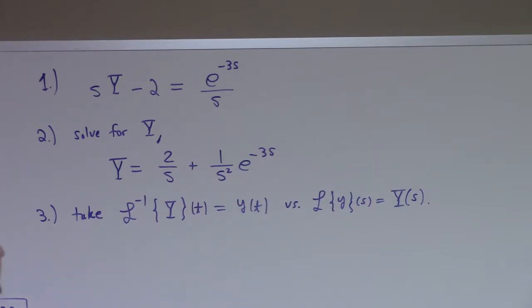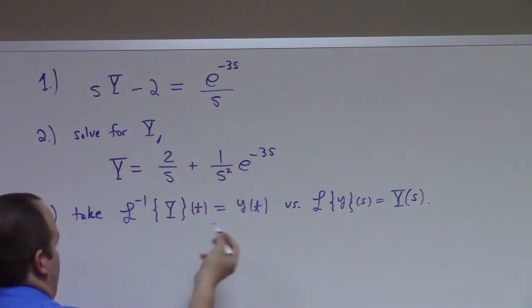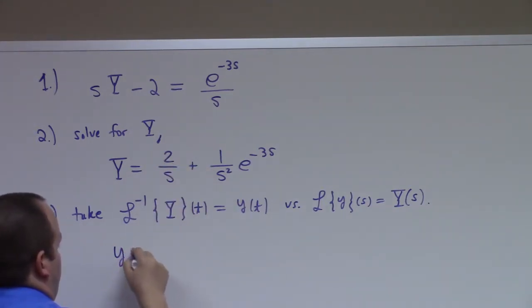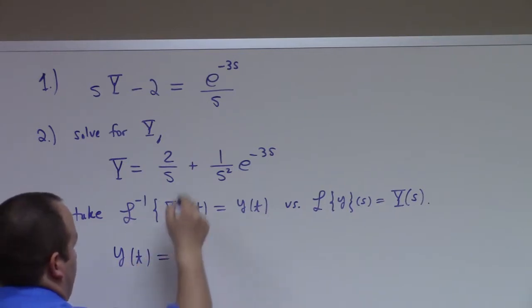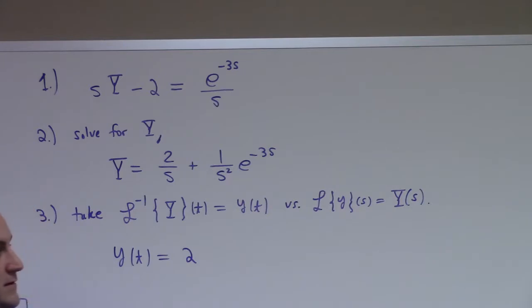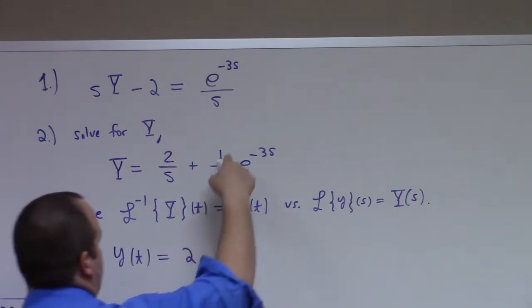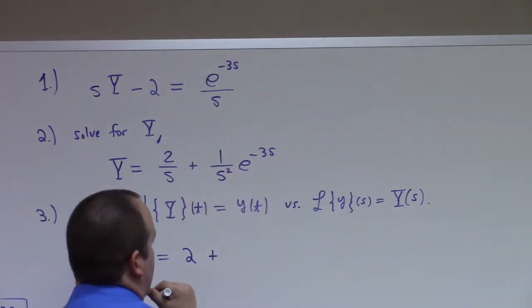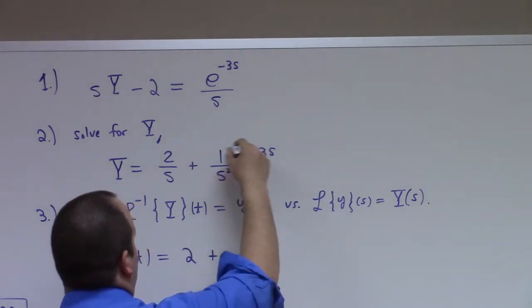Okay, so what's the inverse Laplace transform of this? Well, here's the part where it's kind of hard for you to appreciate, but I'm just going to have to tell you the answer because we haven't derived anything just yet. The inverse Laplace transform of this is just 2. And then for the other term, I need a theorem.